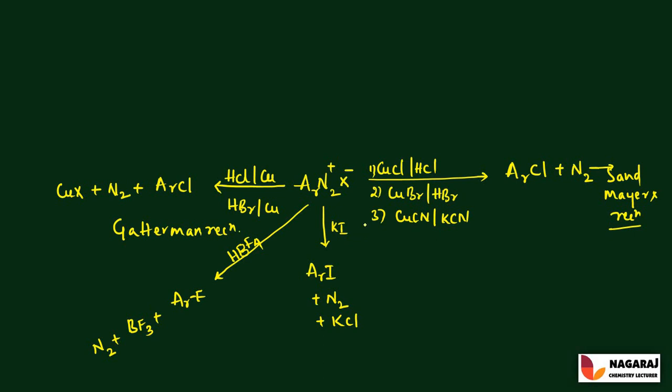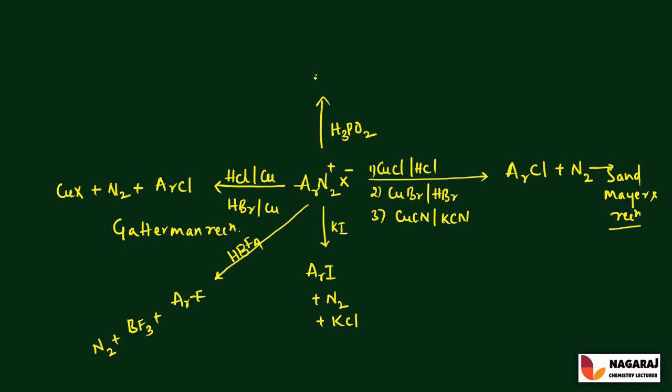Next reaction, that is replacement by hydrogen. The arene diazonium halide reacts with hypophosphorus acid, that is H3PO2.